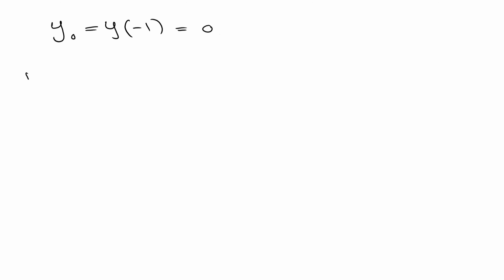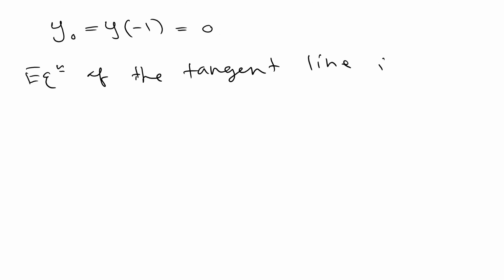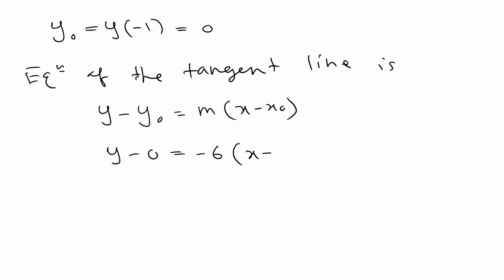And then we can write the equation of the tangent line using the point-slope form: y minus y naught equals m times x minus x naught. We know y naught is 0, m is the slope, and x minus -1 is x plus 1. When you simplify, you see the equation of the tangent line.